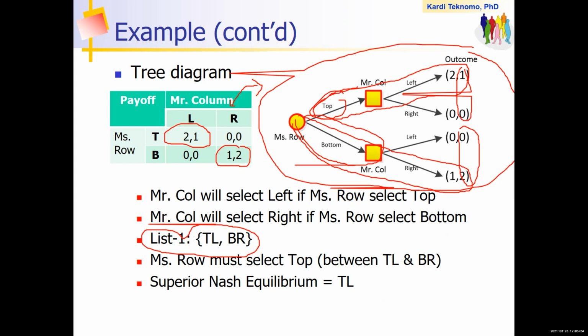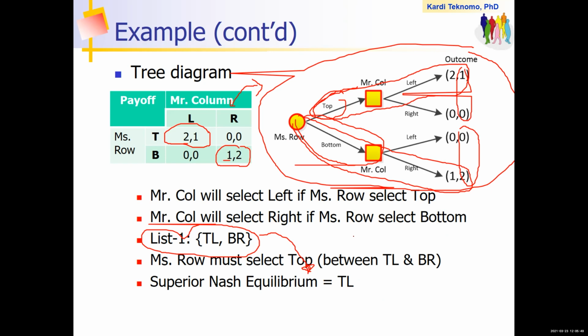Which one will you select? Miss Row looks at the first number. 2 and 1. Which one is better? 2, the top. Right? Yes, top left is higher. So in this case, you will see that top left is called superior Nash equilibrium. Clear?